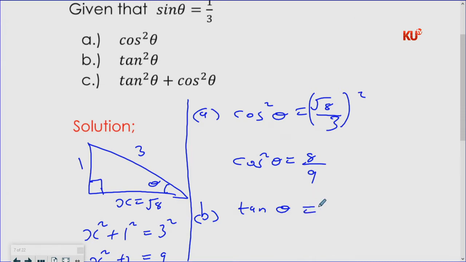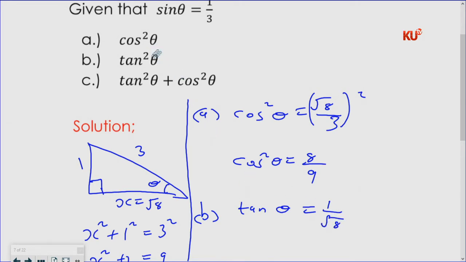Tan. SOHCAHTOA. Tan we said is equal to the opposite side to this angle, which is this one here, 1, over the adjacent side to this angle, which is our root 8.